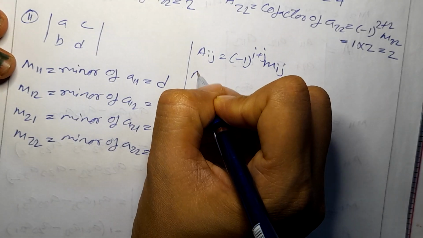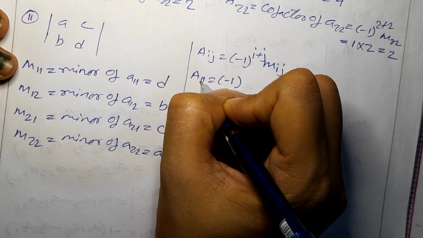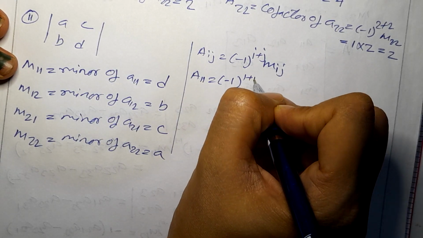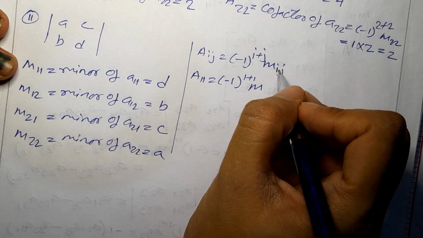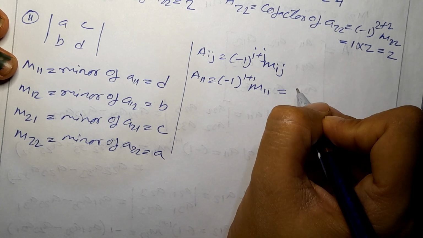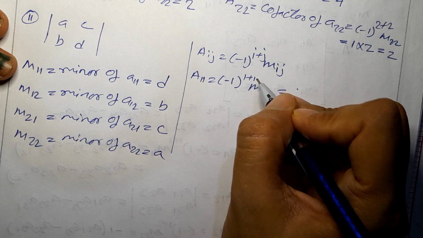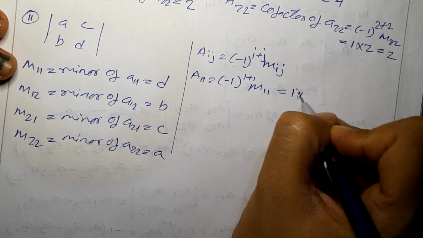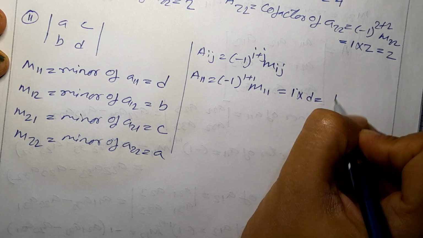For A11, minus 1 power 1 plus 1 times M11. So it will be minus 1 power 2, the power is even, so it will give positive. So 1 into M11. M11 is d, so it will give d.